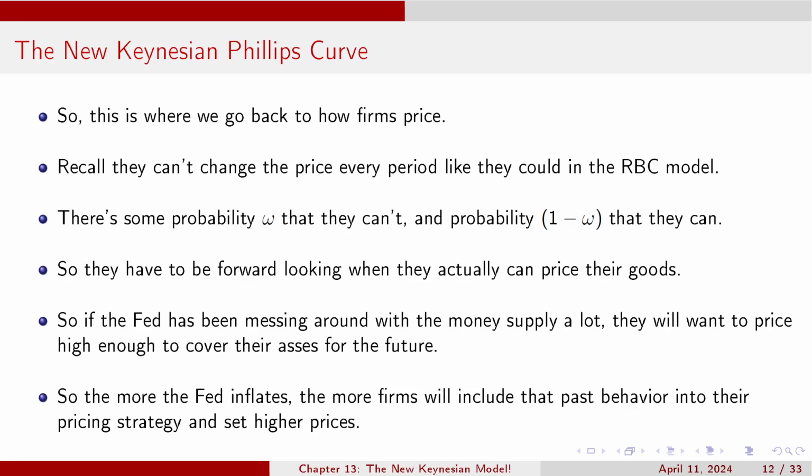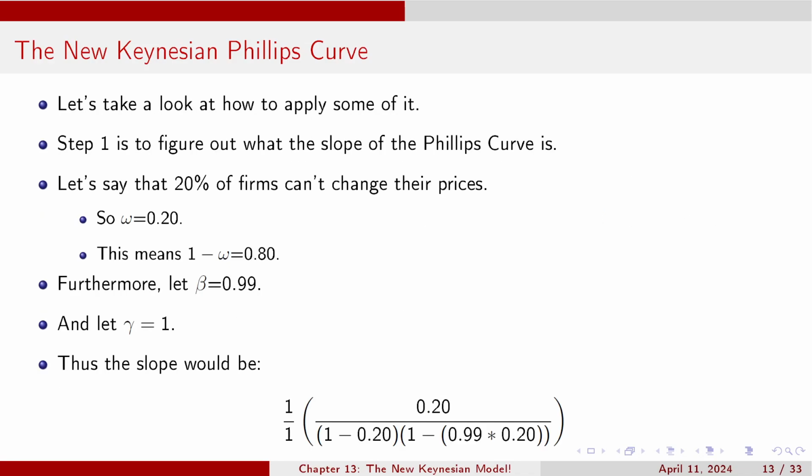Now, if the Fed's been screwing with the money supply, these firms are going to want to set prices high enough to cover their potential losses in the future. So the more the Fed inflates, the more firms are going to include that past behavior in their pricing strategy, and they're going to be setting higher prices as well.